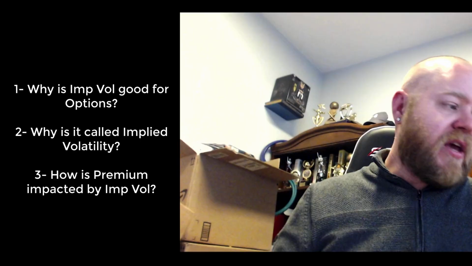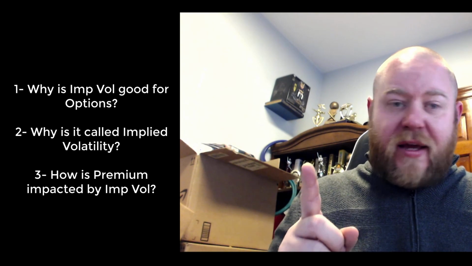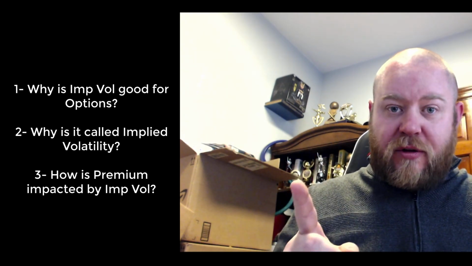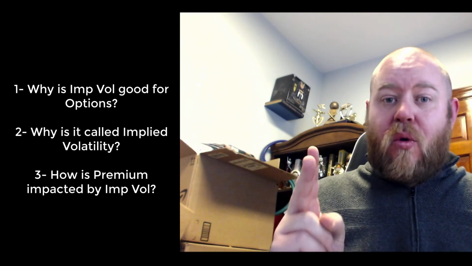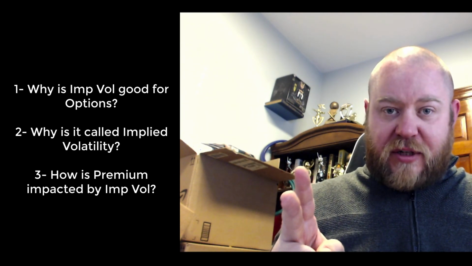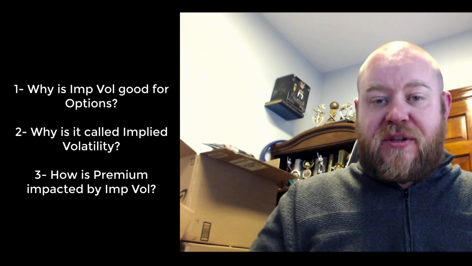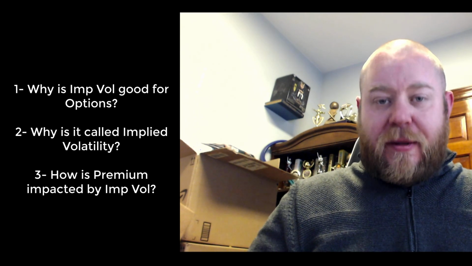So part 3 was kind of a quick one. I didn't want to go into too many details around implied volatility because it can get really complex, but I just wanted you to understand it from a conceptual standpoint. There are 3 pieces that I want you to take away from this video. The first one: why is implied volatility good for options? 2: why is it called implied volatility? And 3: how is the premium affected by implied volatility?